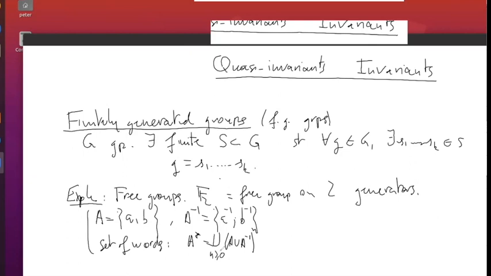So for instance, A, B, A minus 1, A, B, B minus 1, A squared. This is a word of 1, 2, 3, 4, 5, 6, 7, 8 letters. Okay? And so the law that we put on this group is concatenation of words.